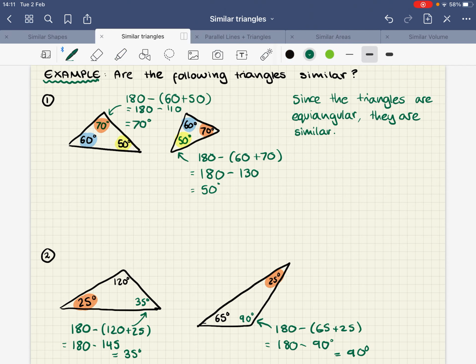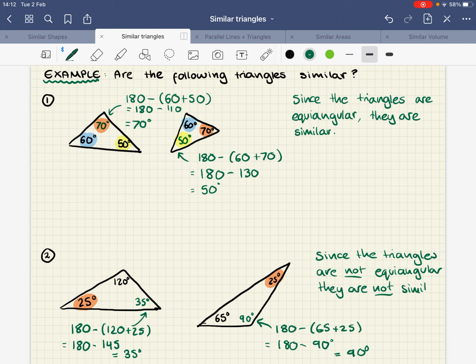So we would say, since the triangles are not equiangular, they are not similar. So that's how to do it when we have the angles. Let's take a look at how to do it when we are dealing with the sides.